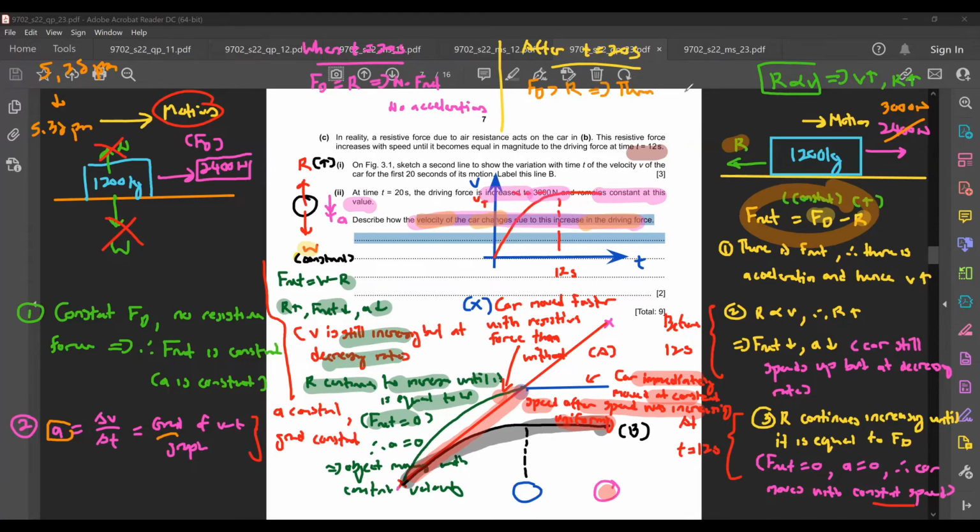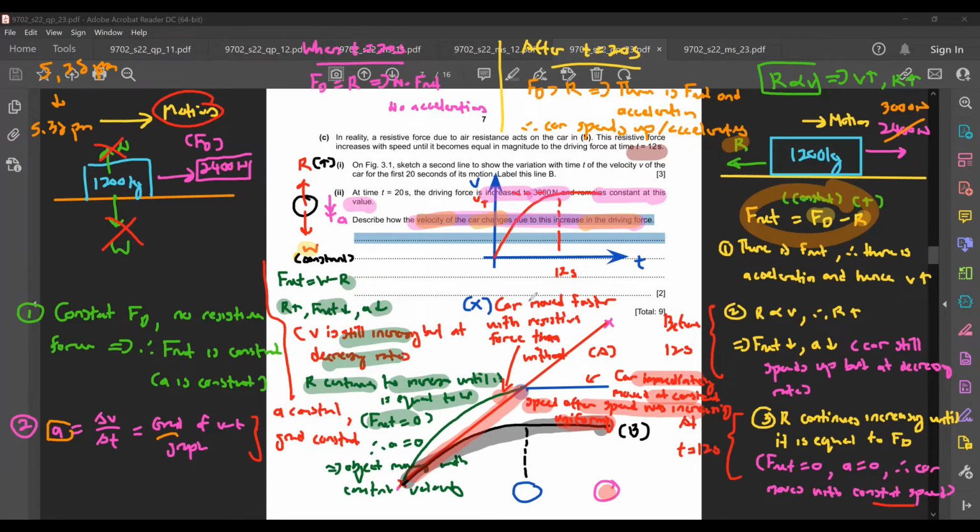So there is F_net and acceleration. Therefore, the car speeds up. It accelerates.